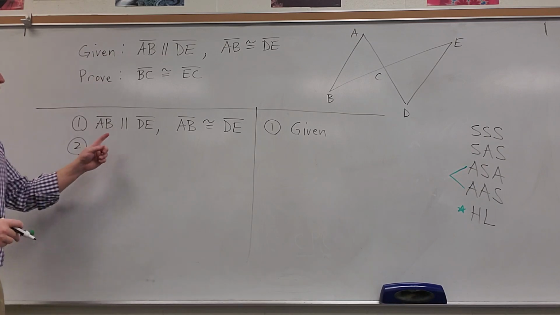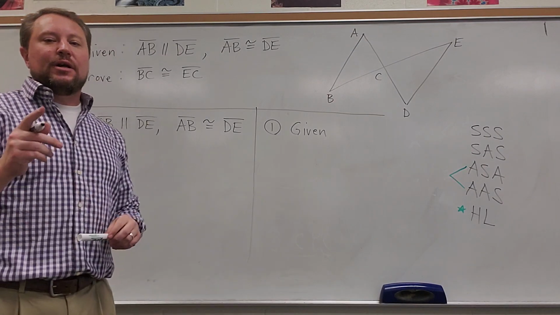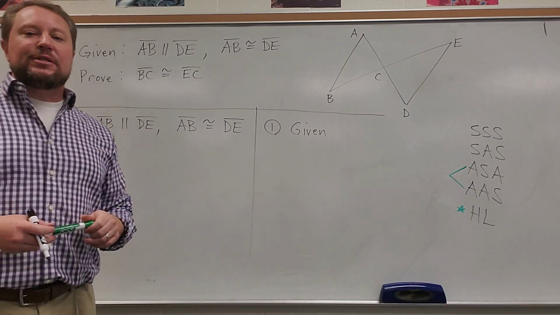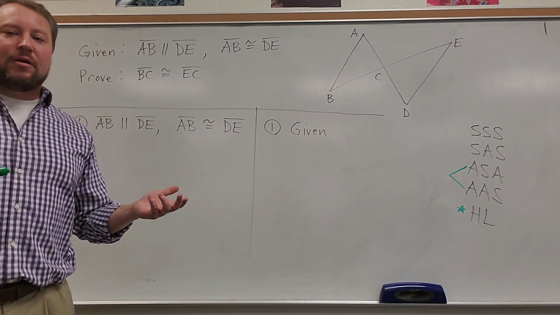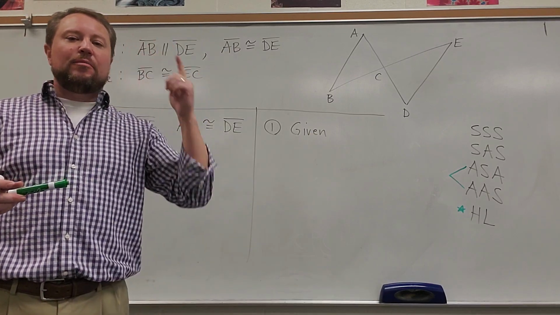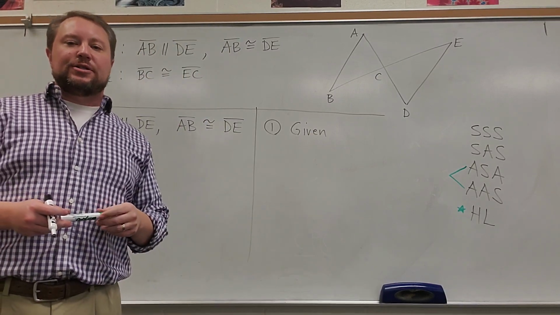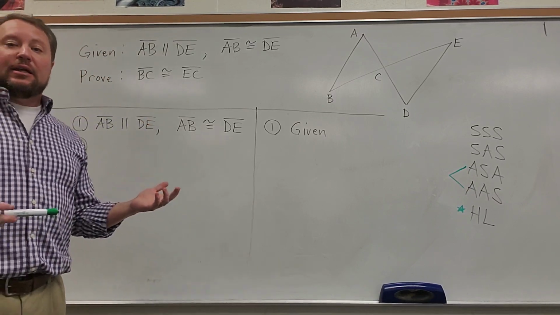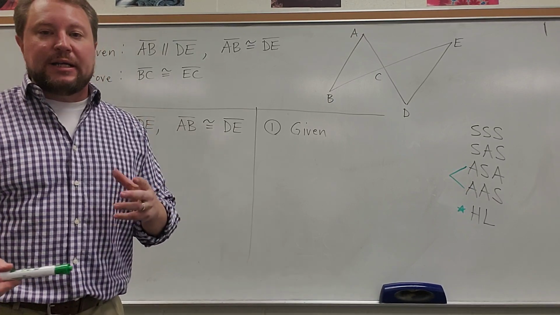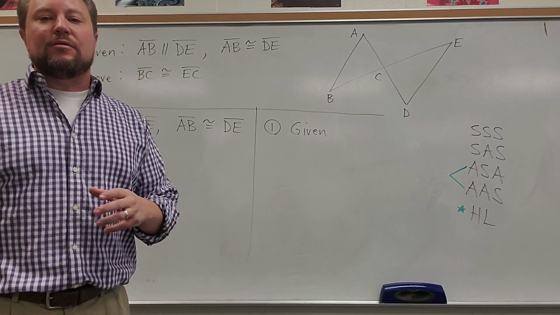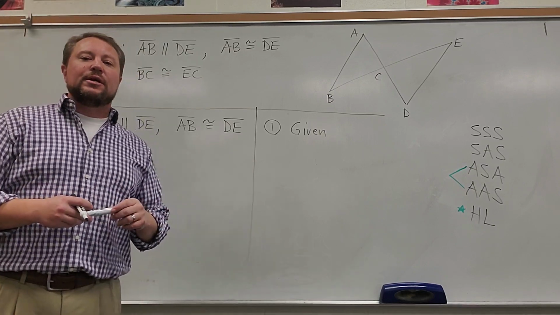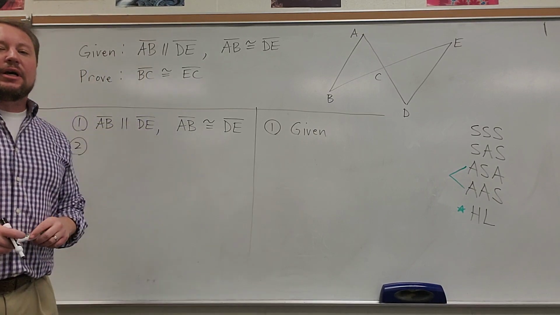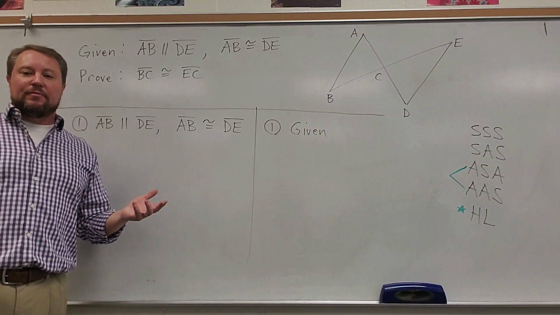All right, now in your 10 Commandments of proofs, there is a hint about the parallel lines. One of our commandments says that if you have parallel lines, you should be thinking about all those angle relationships that we learned about back in chapter 3. That included, remember, corresponding angles, alternate interior angles, alternate exterior angles, and even same side interiors that are supplementary. But most of them were congruent pairs, right?